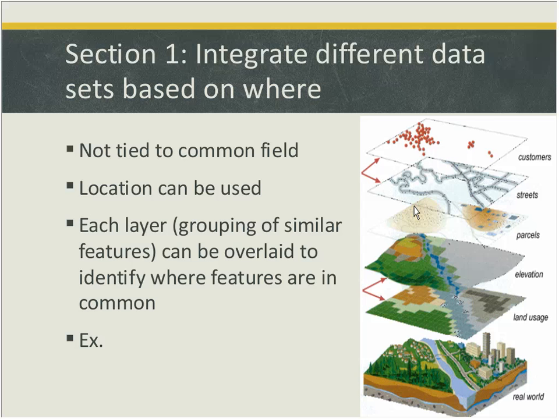And if we could imagine taking a pencil and sticking it down through any part of that stack of layers, we would know exactly how many customers were at that point where the pencil went in, whether it was located on a street or not, if it was located in a parcel, who owned that parcel, what the elevation was, etc. And we'd know all that just based on geography.